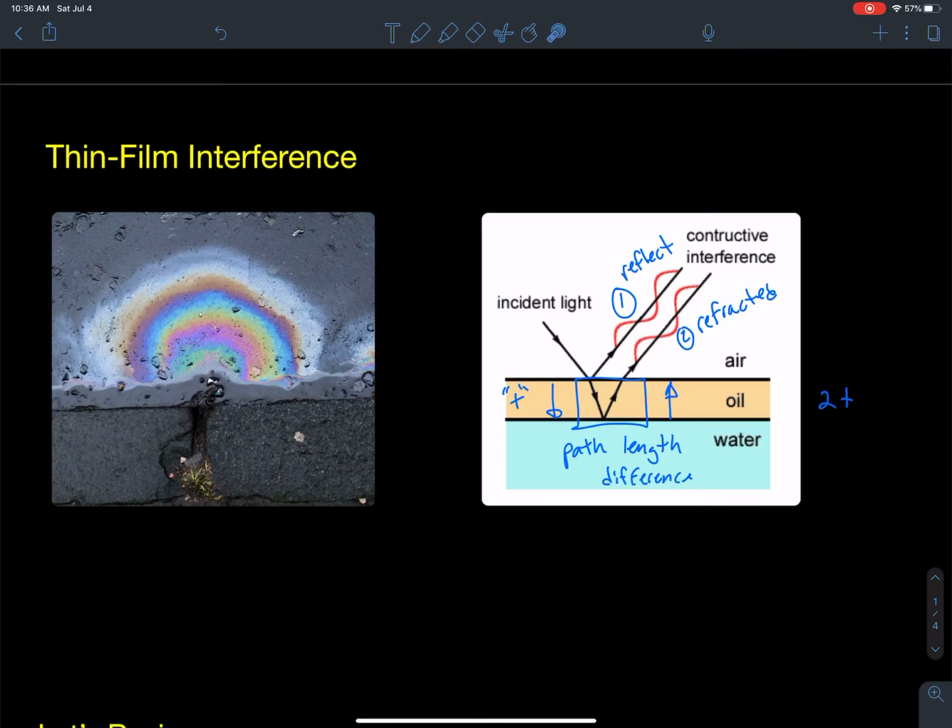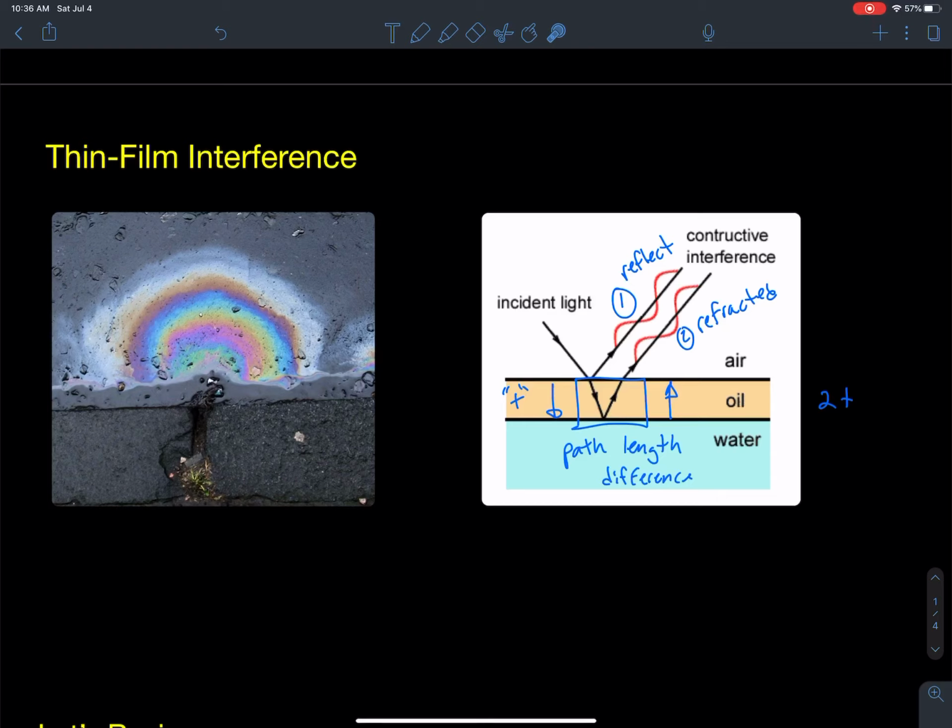So its path length difference is going to be 2 times the thickness of that oil. If that oil has a thickness such that this wave comes out a little bit shifted, or comes out absolutely overlapping with the other wave, we can create an interference pattern. And that's what the next video is going to be about.